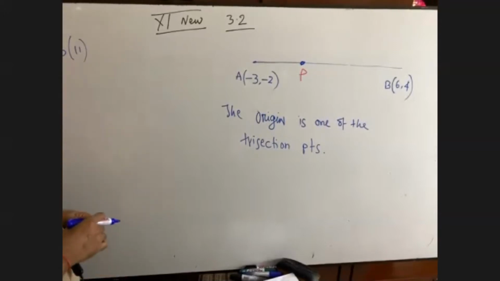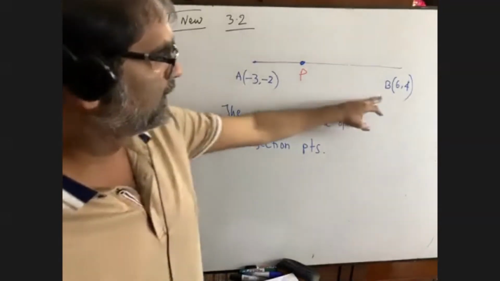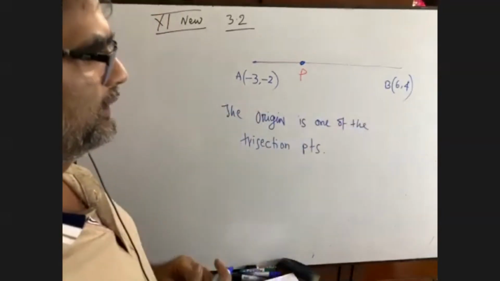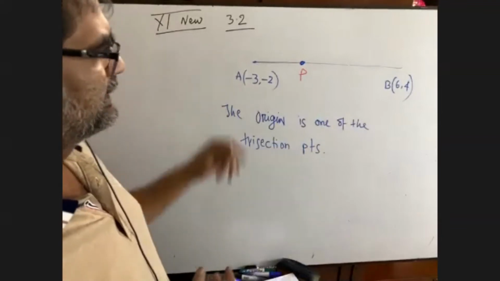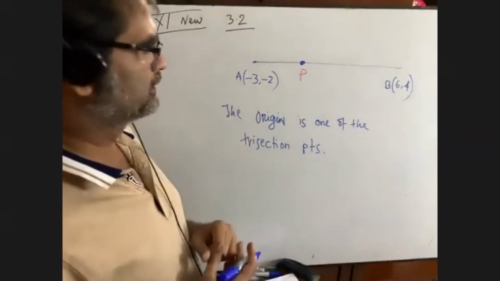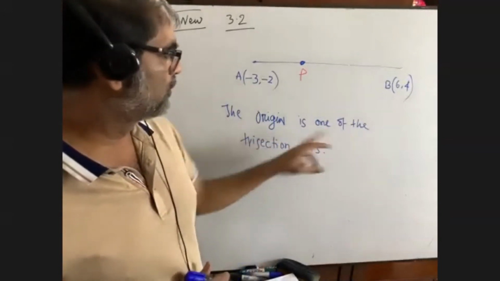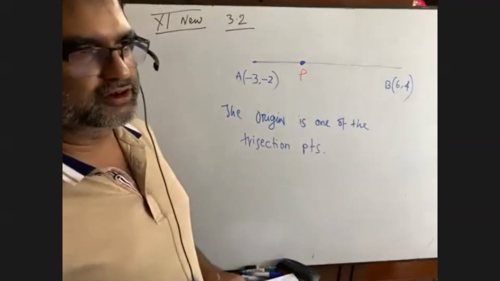Okay. Suppose A and B are given, and AB is the straight line joining the points A and B. We have to show that the origin is one of the trisection points.